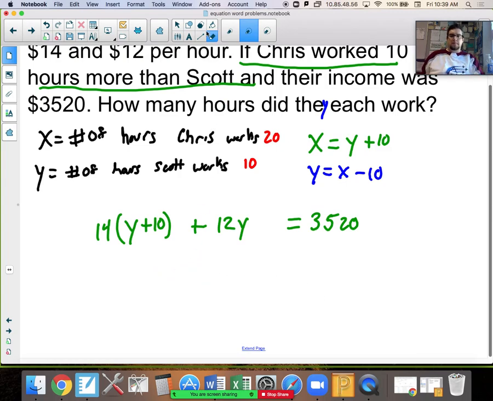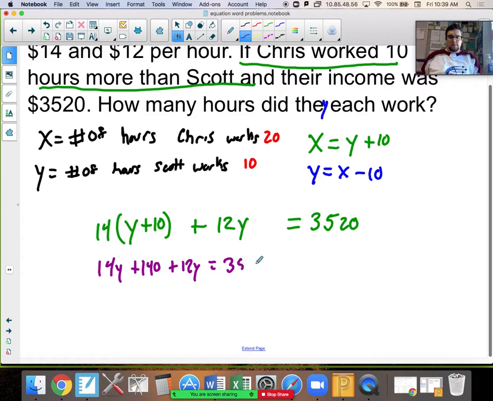I distribute, I get 14y plus 140 plus 12y equals 3,520. Combine my like terms, I get 26y plus 140 equals 3,520. Subtract the 140.